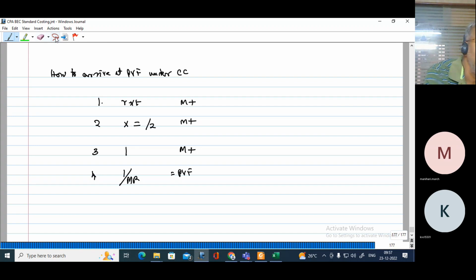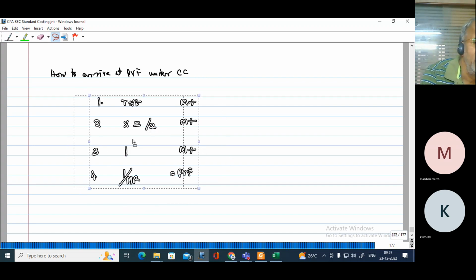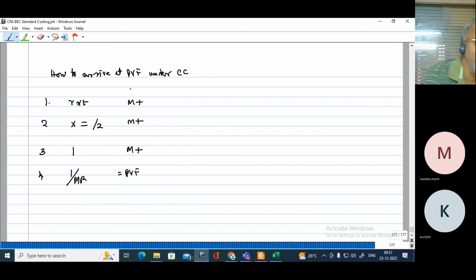Now I will secure this. This is the formula. R into T is equal to 0.10 into 3 by 12, which is equal to 0.025. 0.025 into equal to, divided by 2 is going to be 0.0003125.